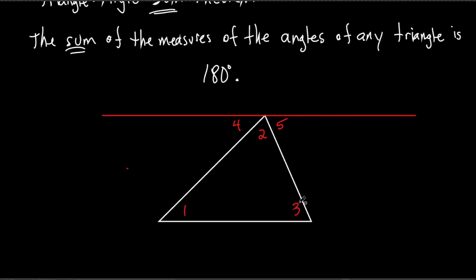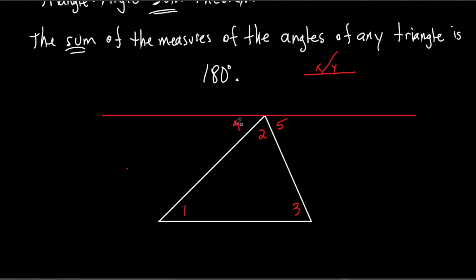Now, we have learned this. If you have angles that form a straight line, how many degrees does that equal? 180. Do you agree? Anytime you have a straight line and I have an angle like this angle x and this angle y, what does x plus y equal? 180 degrees. Any angles that form a straight line equals 180.